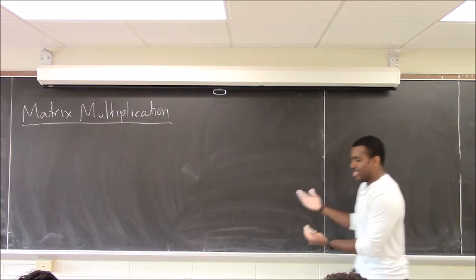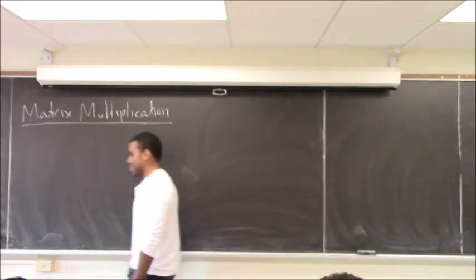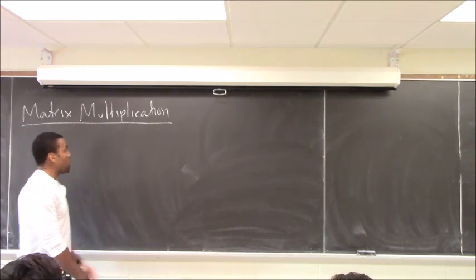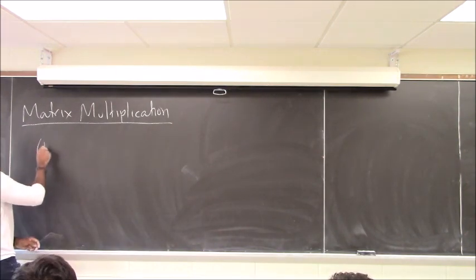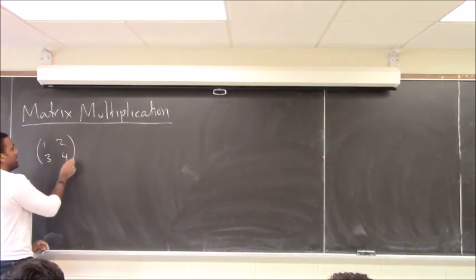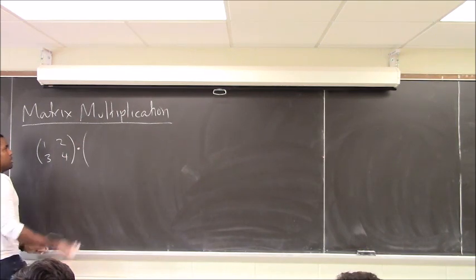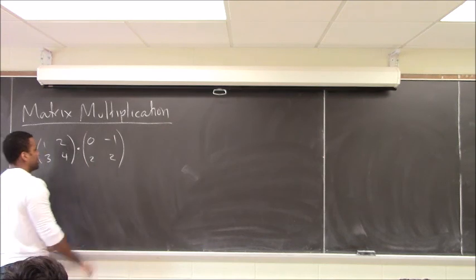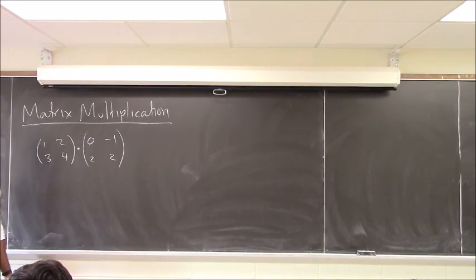So based on how you multiply matrices and how you add them, how would you guess that you would multiply two matrices? Like if I gave you 1, 2, 3, 4, and I multiplied it by 0, minus 1, 2, 2. What do you think the answer would be? Do each corresponding spot.